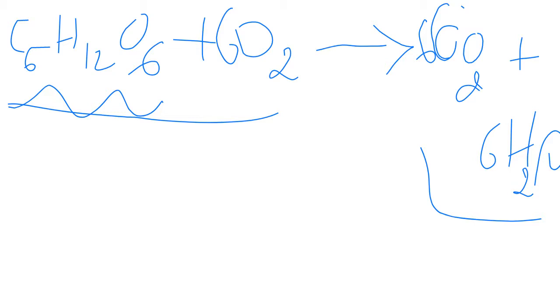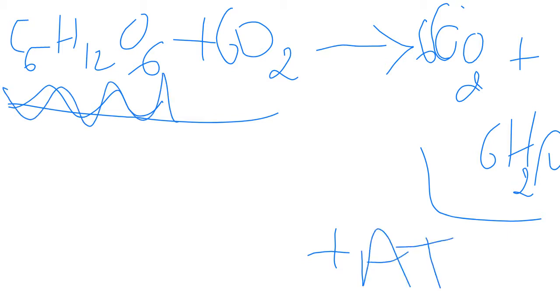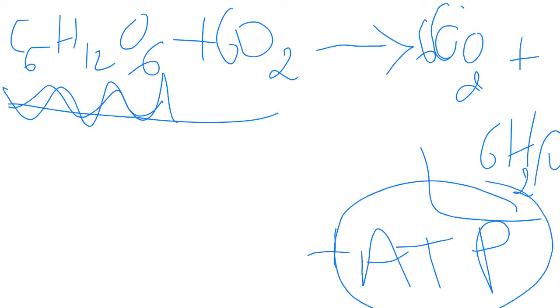So this is a catabolic reaction. During the catabolic reaction, we produce energy. And the currency that the cells use from this organic molecule is adenosine triphosphate. That's the currency that the cell uses.